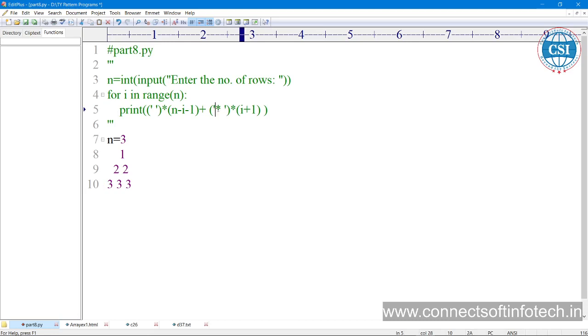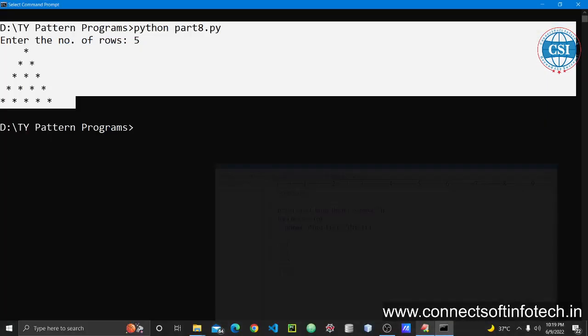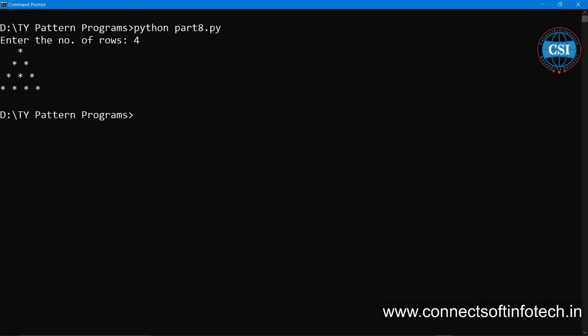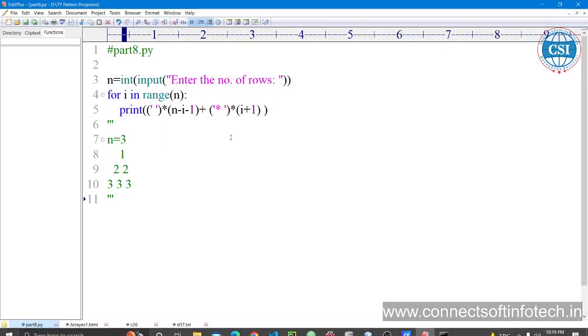Here we are printing asterisk, the fixed symbol. Let us execute once again. If you want to print a fixed symbol instead of asterisk, you can write any symbol, you can write 4 also.